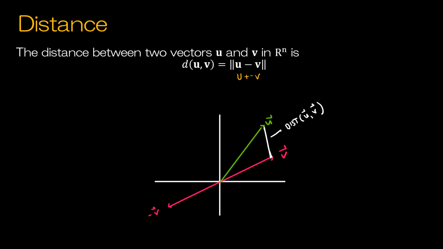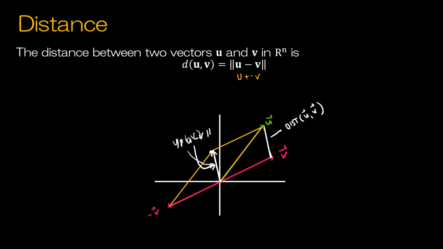So if I think about u plus negative v, and then I think about, remember that parallelogram rule. That parallelogram rule said that if we are adding 2, then the result is at the end of the parallelogram, the opposite corner of the parallelogram. So this would be what I get when I take u plus negative v.